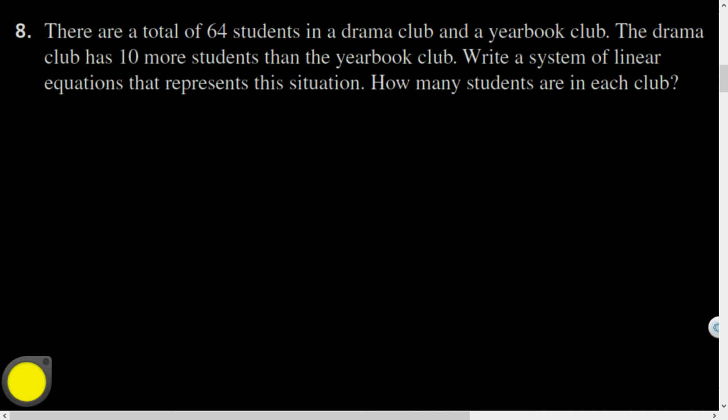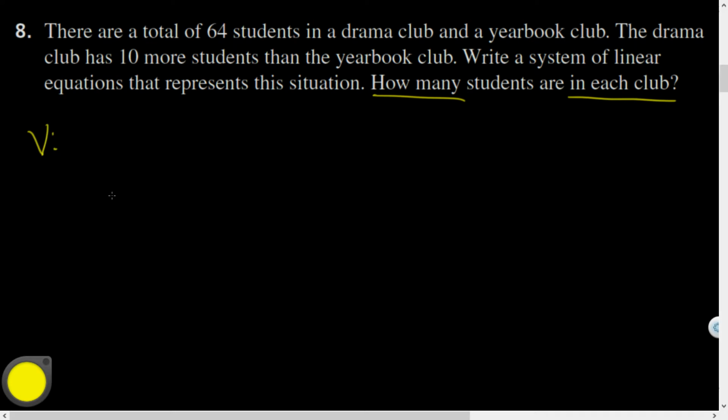There are a total of 64 students in drama club and yearbook club. So that sounds like the total of both. The drama club has 10 more students than the yearbook club. Write a system of equations that represents this situation. How many in each club? So let's define our variables.